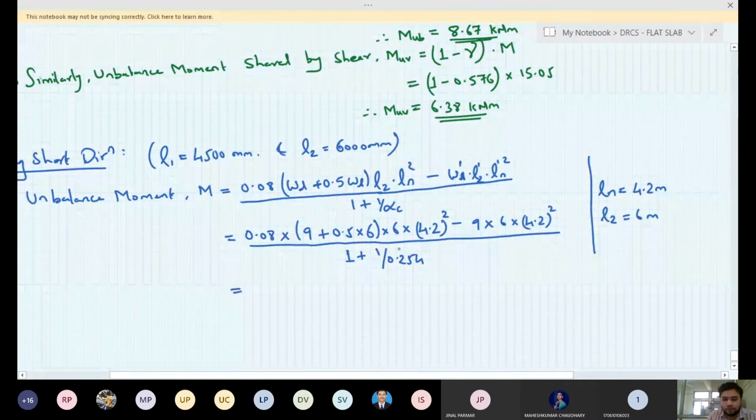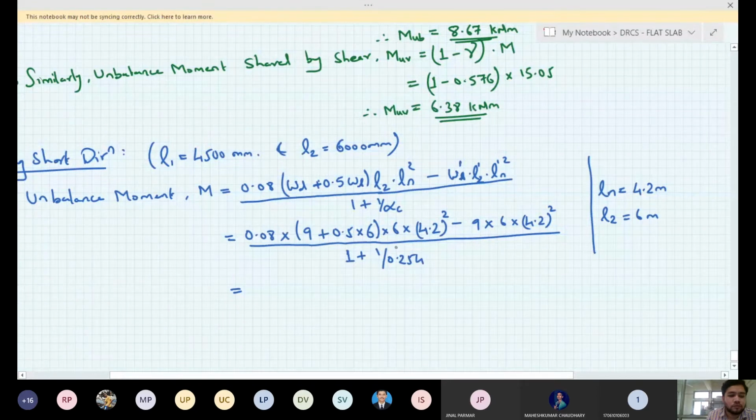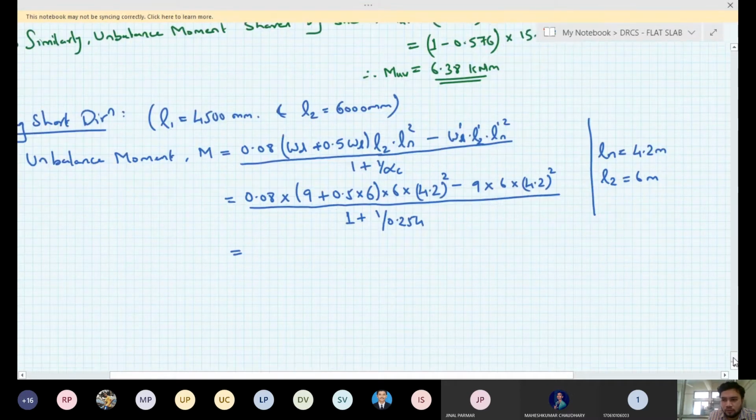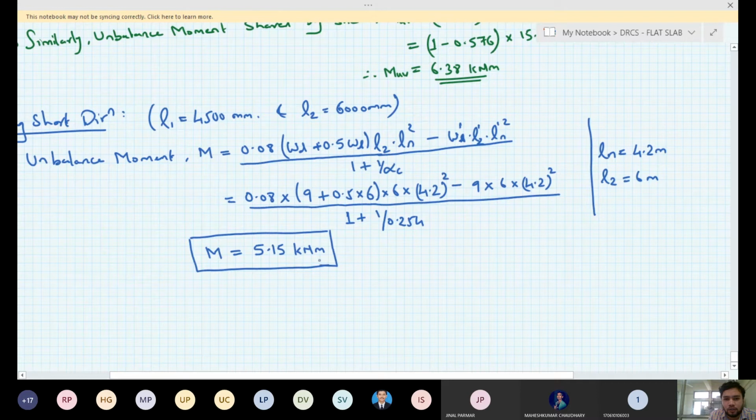How much is this? So this will be 15.15 kilonewton meter. Are you getting this value? This is the total unbalanced moment along the short direction. Again this is to be distributed among the upper column and the lower column based on their stiffnesses.